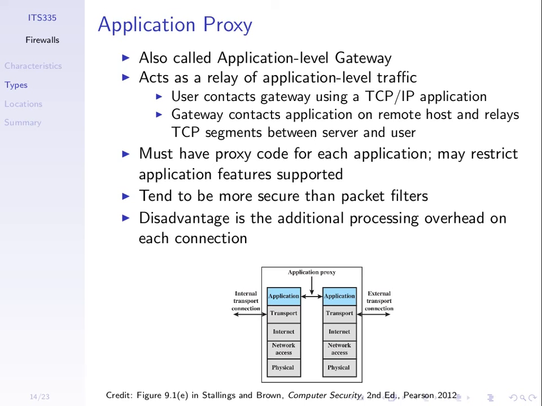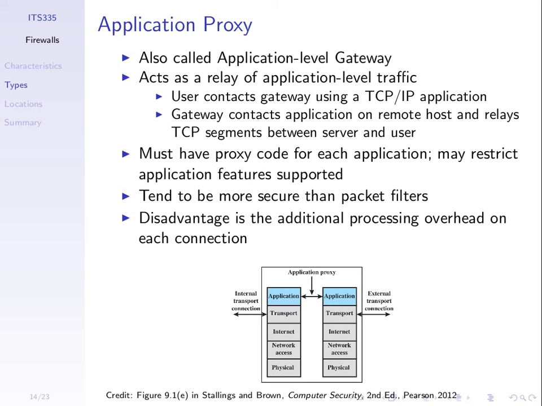Okay, so what can happen is that I open my browser internally, I try to contact some external website, my request goes to the proxy. The proxy can then look at the request, not just looking at the IP headers and the TCP headers, but looking at the HTTP request, all the fields in the request, what the URL was for the request, and make some decision whether to allow that or not, or even modify the request.